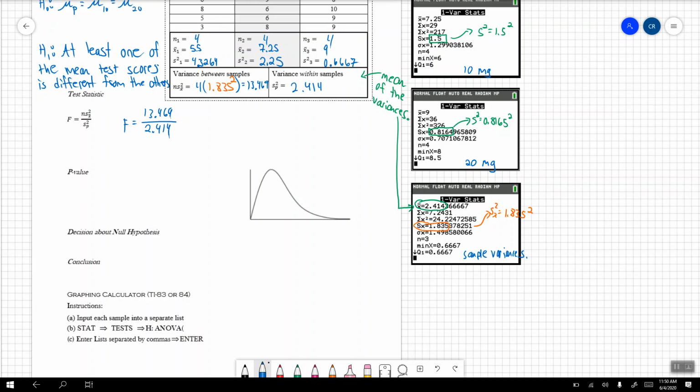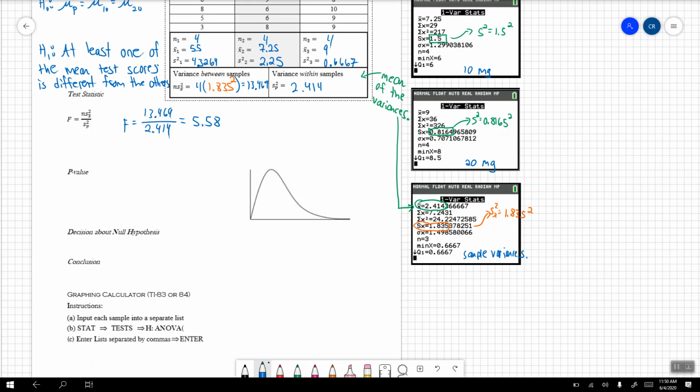Awesome. So 13.469 divided by 2.414. I'm going to hit enter here, and I get 5.58. Awesome. So far I have this test statistic.